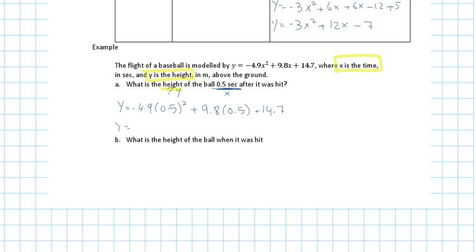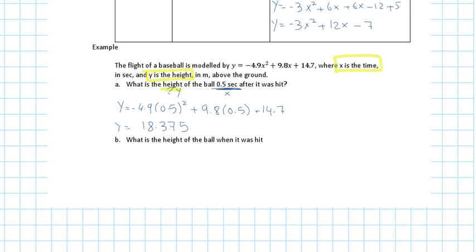I want everyone to enter this in the calculator. Make sure you're using the calculator properly. Don't forget the negative in front of 4.9. This is 18.37. Let's see. Yeah, 18.375. And now what's my unit? Meters.